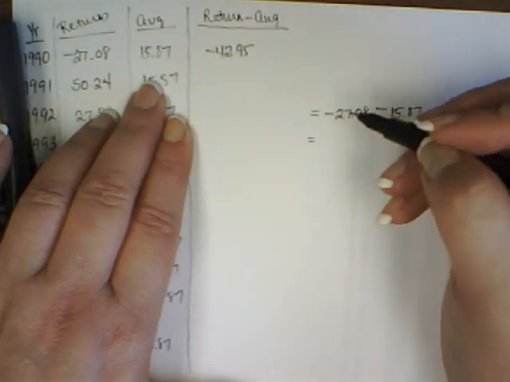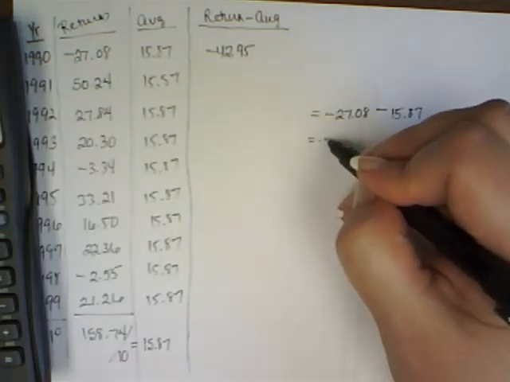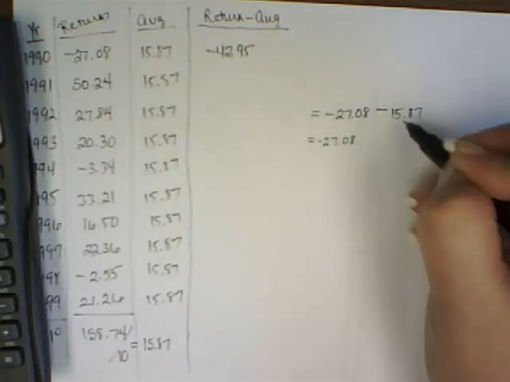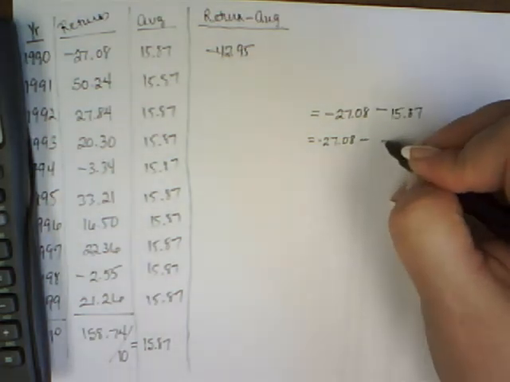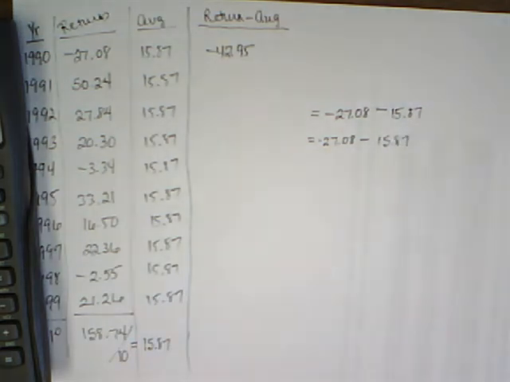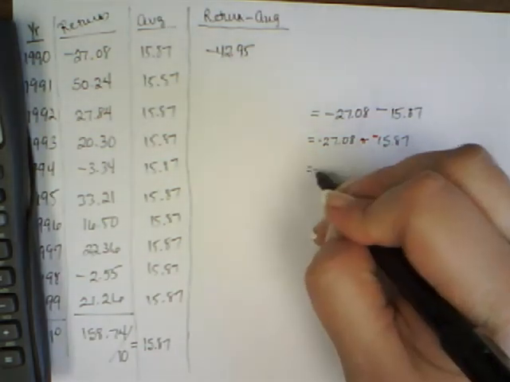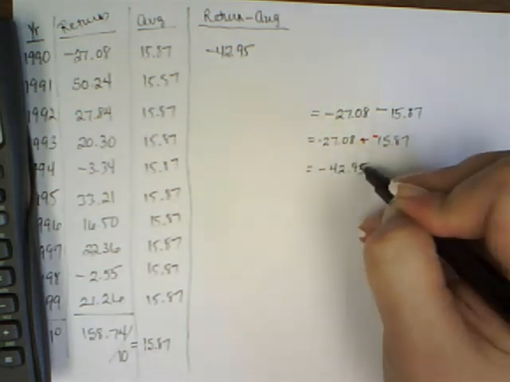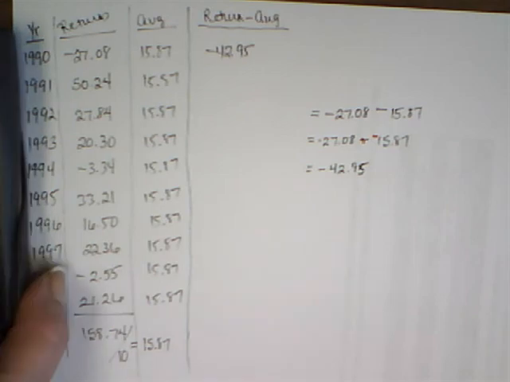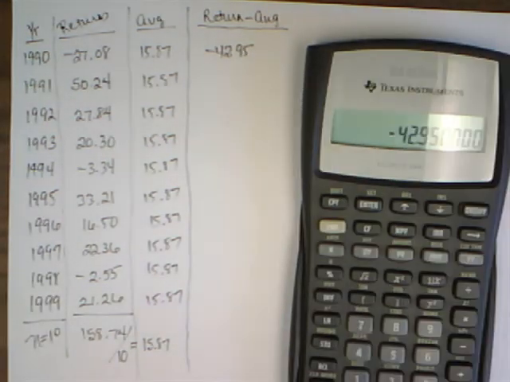But what you're really doing from a math standpoint is, when you subtract 15.87, you are actually adding the opposite, and that's a plus negative. So you've changed that to a plus. Now you're adding these two numbers together, and that gives you the negative 42.95. I just want to bring that to your attention because we're going to see this a couple of times.